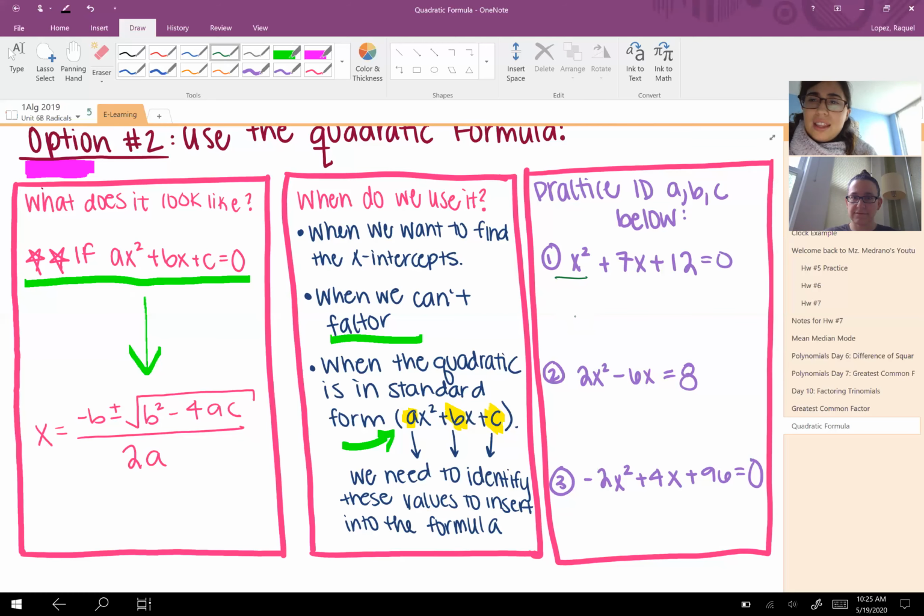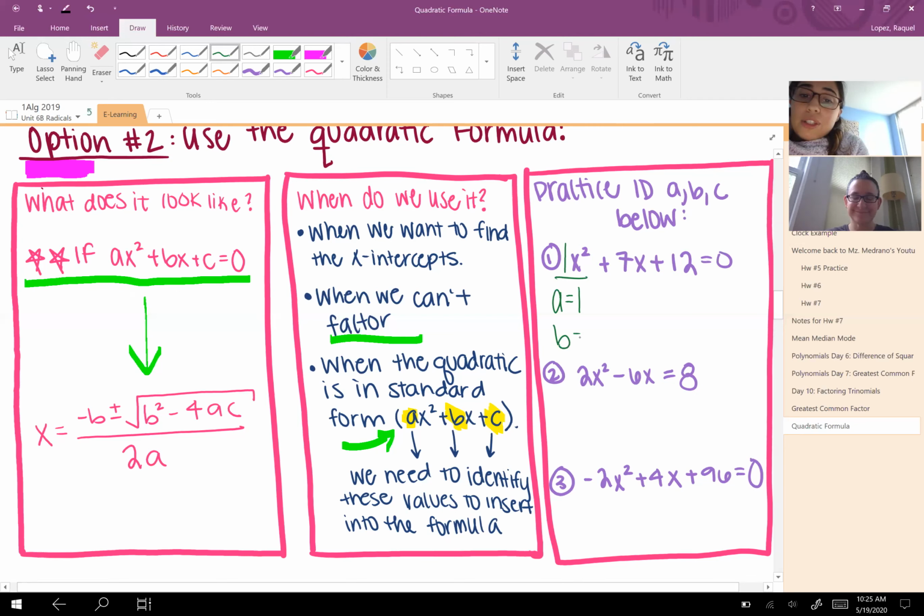So I don't think it's 0. It can't be 0. Then we wouldn't have a quadratic if a were 0, because that whole term would go to nothing. You know what, Miss Madrano? It's 1. When we multiply by 1, we don't change the value. Okay, so our a value is 1.